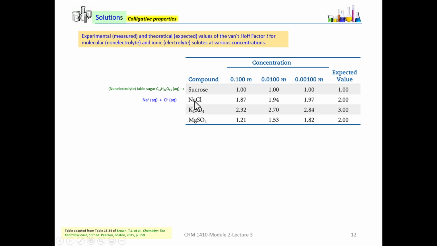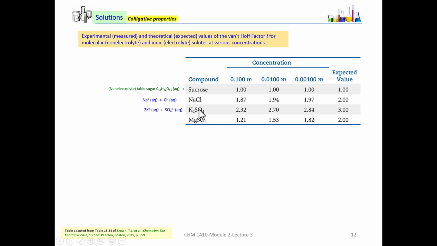For sodium chloride, which breaks up into sodium ions and chloride ions, you'd expect the value to be 2, but it's less than 2, and it becomes even lower as the concentration of the sodium chloride solution gets higher.